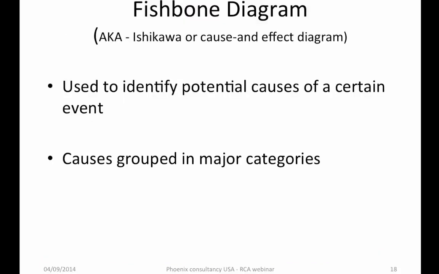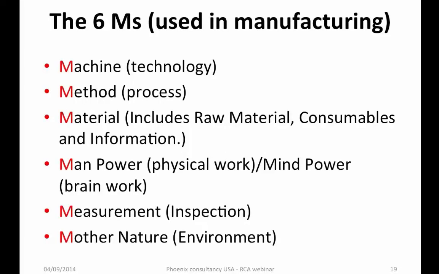If we move from checklists on to fishbone diagrams, which we used in the last workshop, they can be called fishbone diagrams, Ishikawa diagrams, or cause and effect diagrams. They are used to identify the potential causes of a certain event, and the causes are grouped into major categories. The classic 6 categories, the so-called 6 M's, originated in manufacturing industries.